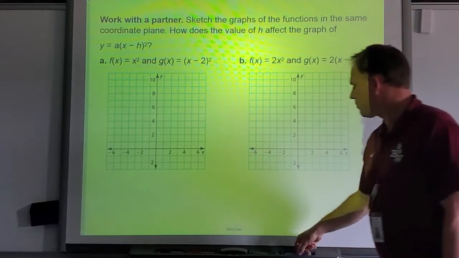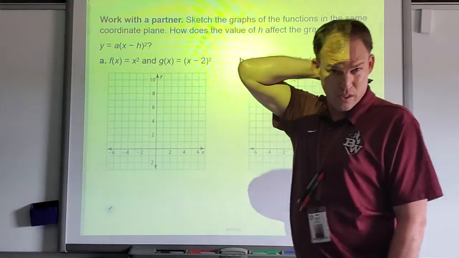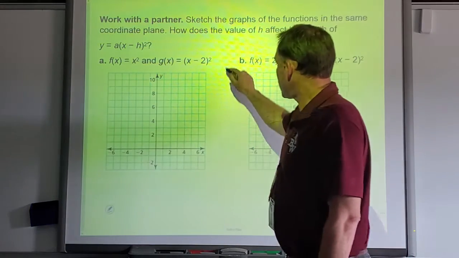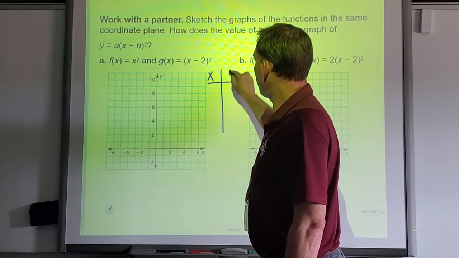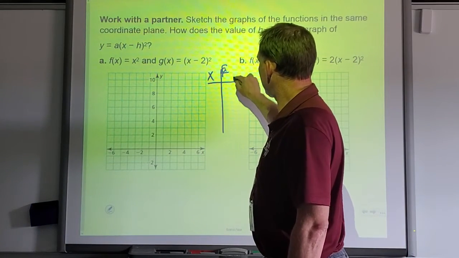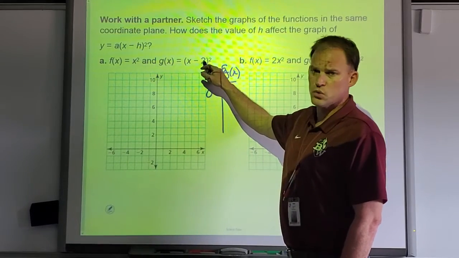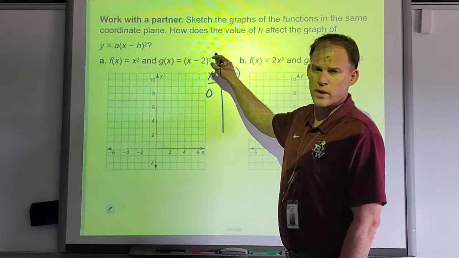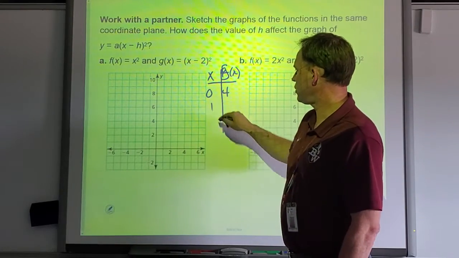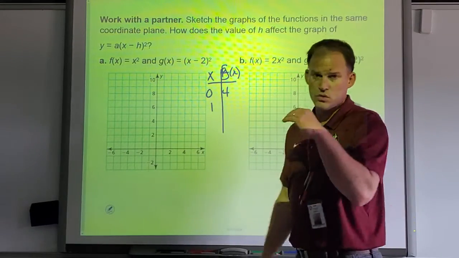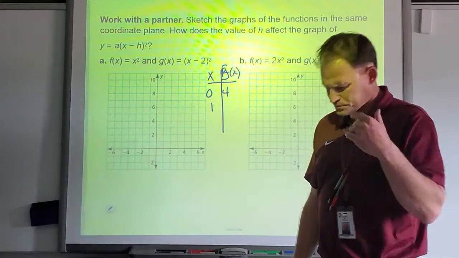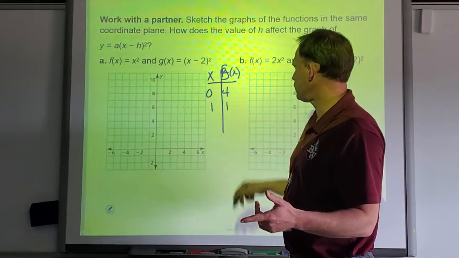So, again, like we always do, let's just kind of plug and chug to start off with. If I put in 0, 0 minus 2, negative 2 squared, positive 4. Put in 1. 1 minus 2 is negative 1. Negative 1 squared is positive 1.